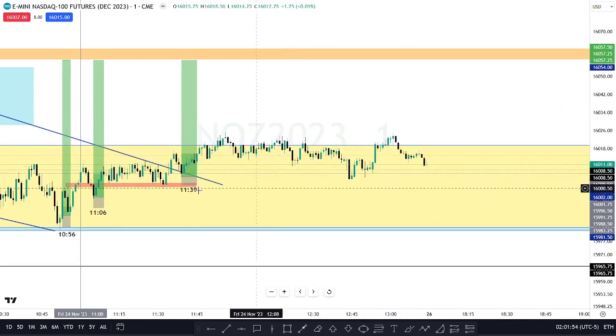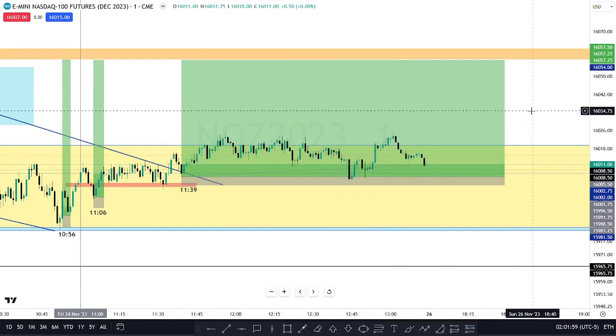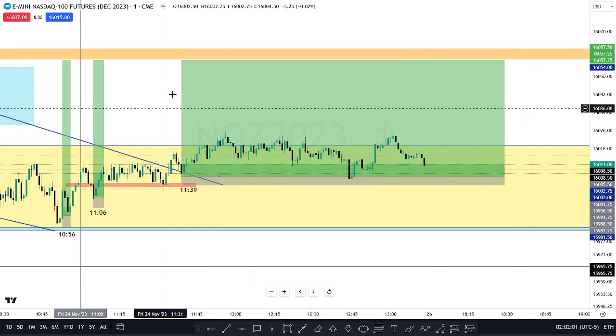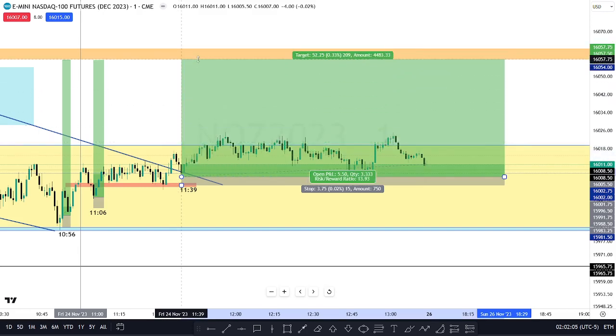But look at this, let's see if you could have still been in a trade. Yes, you would still be in a trade by now, but it moved that amount. 1:4.